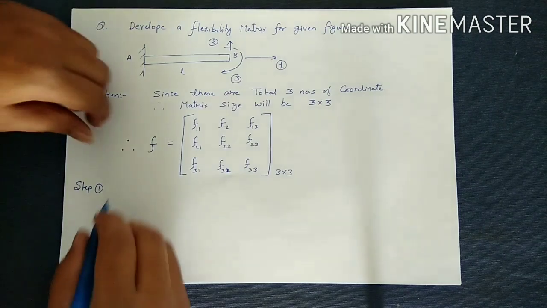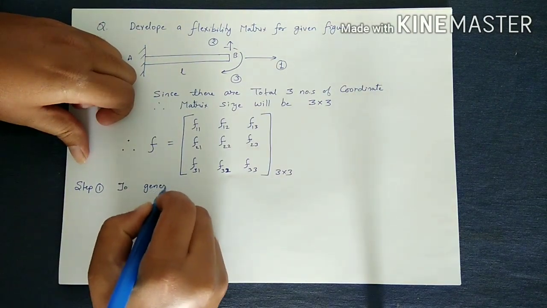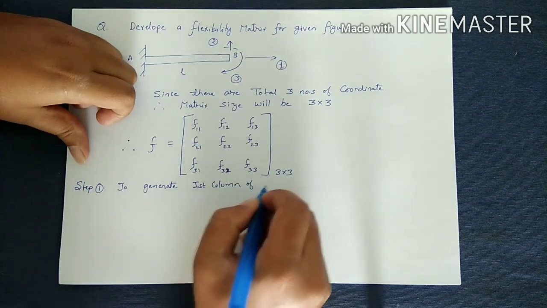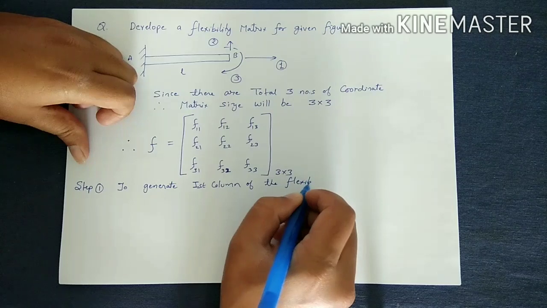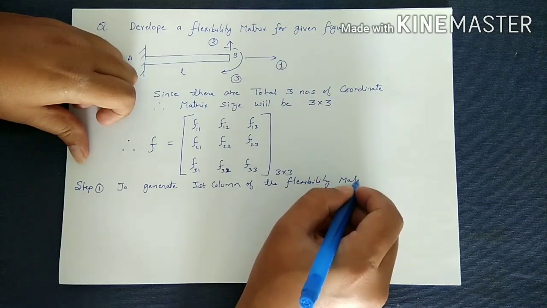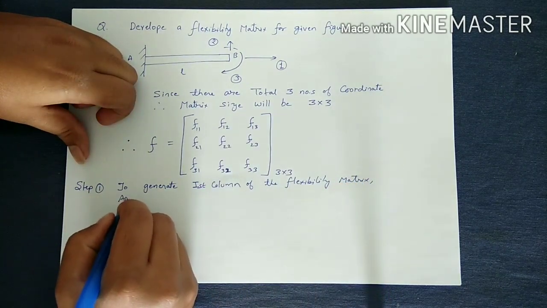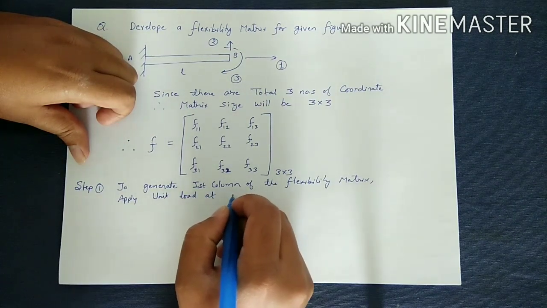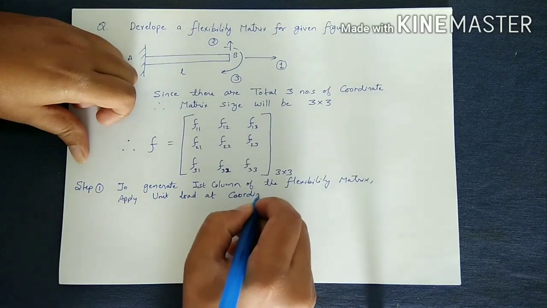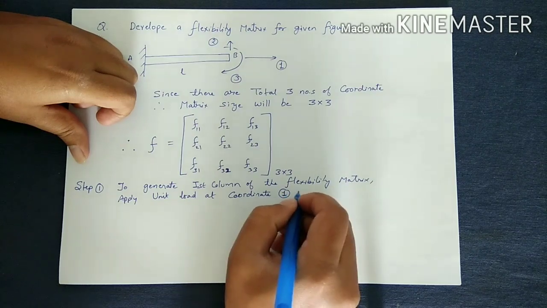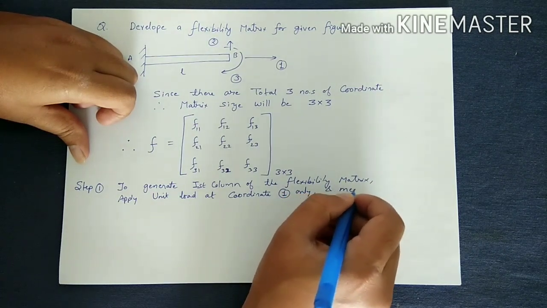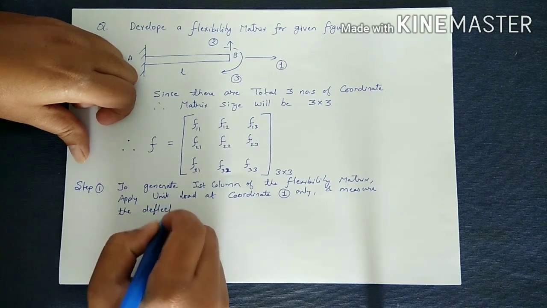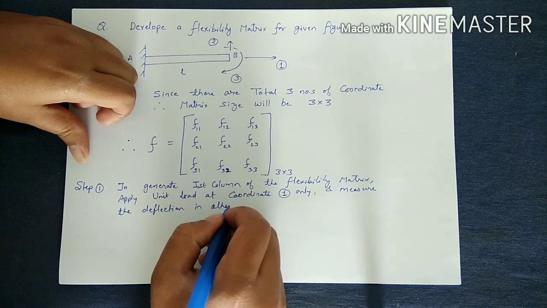Therefore, to generate the first column of the flexibility matrix, apply unit load at coordinate 1 only, and measure the deflection in other coordinates.